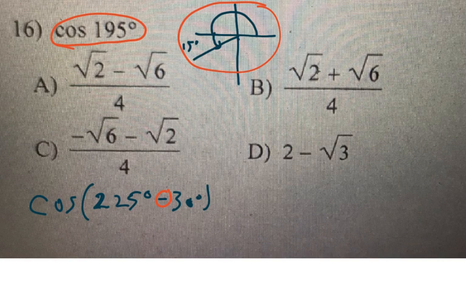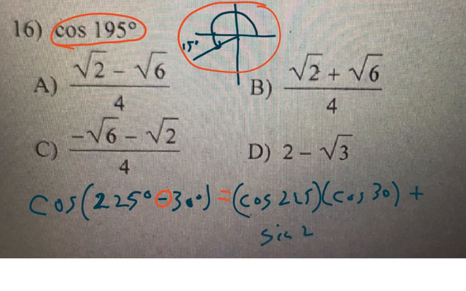So we're going to go cosine of 225 times cosine of 30, plus sine 225 and sine of 30. So again, I'm just following that formula. Again, the cosine of a difference is cosine cosine plus sine sine.